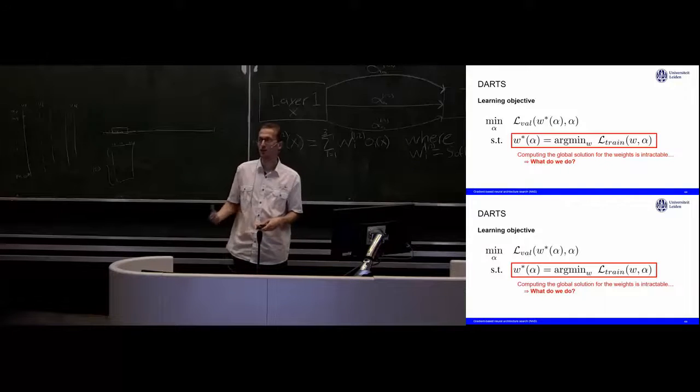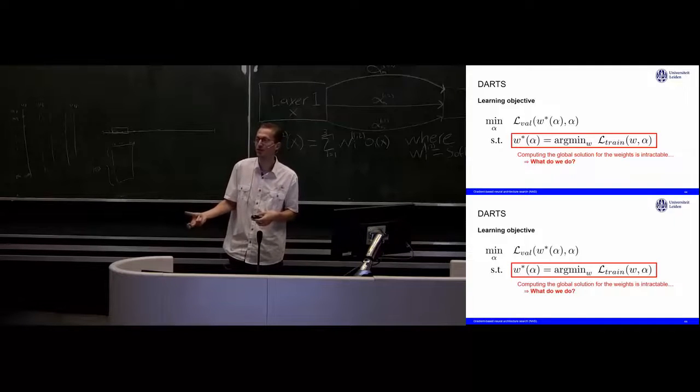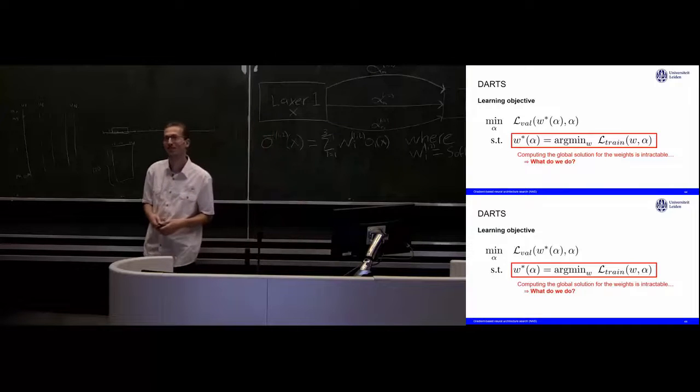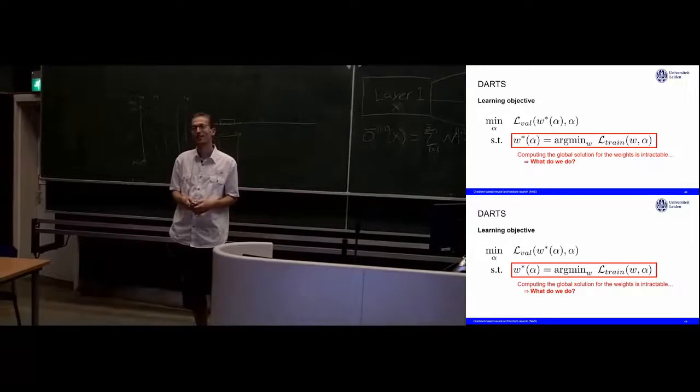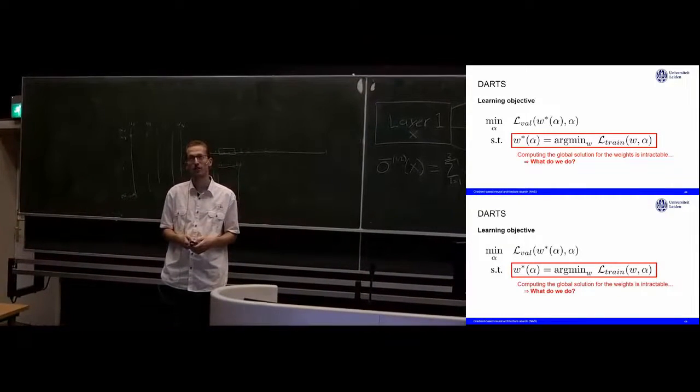So we know that we're not going to find the global solution, not the globally best optimal parameters. So what do we do instead? Yeah, trying different parameter settings. Any other ideas? Yes?